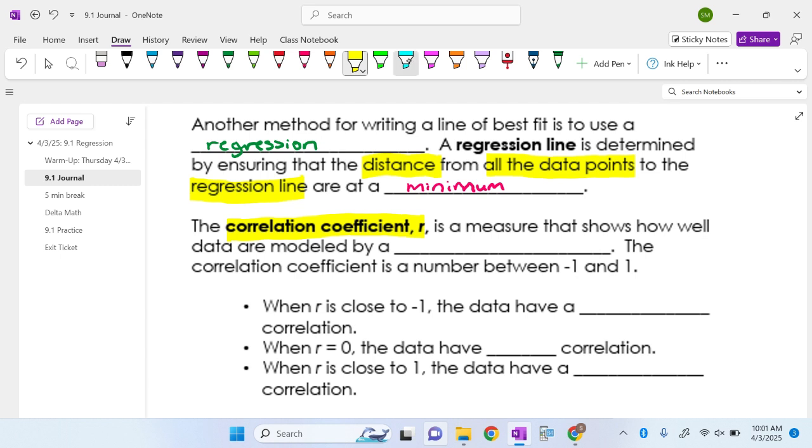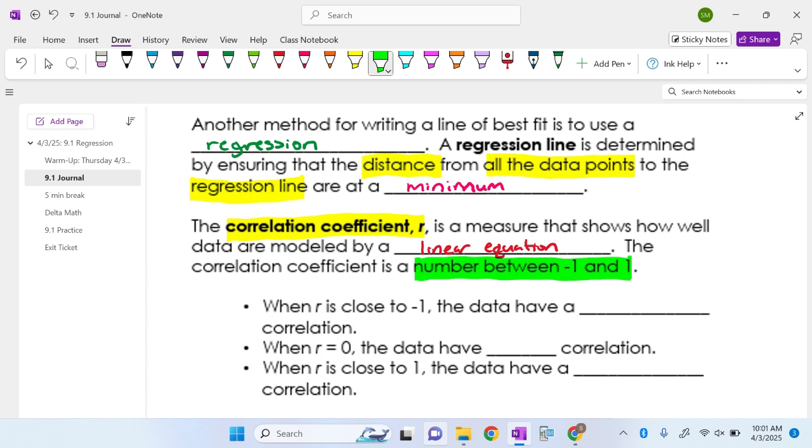The correlation coefficient shows how well the data is modeled through the linear equation, or how strong the correlation is. And typically, it's a number between -1 and 1. Not only does it tell us the strength, it also tells us the direction, so whether it's positive or negative.